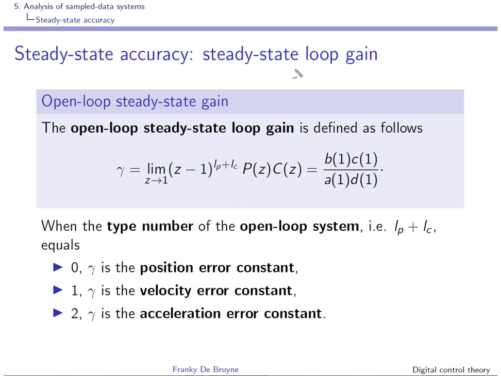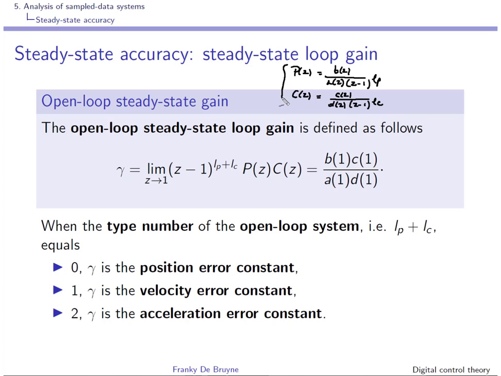Remember that P of z is written as a polynomial BZ divided by a polynomial AZ times a number of integrators at the denominator here, and we have something similar for the controller. So CZ divided by DZ, and then (z minus 1) to the power LC.